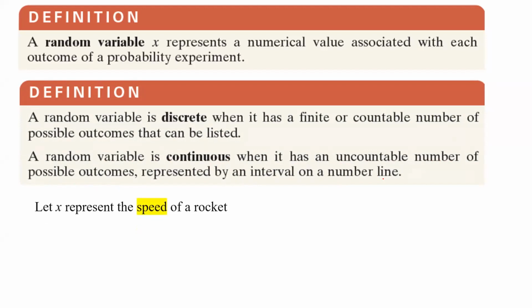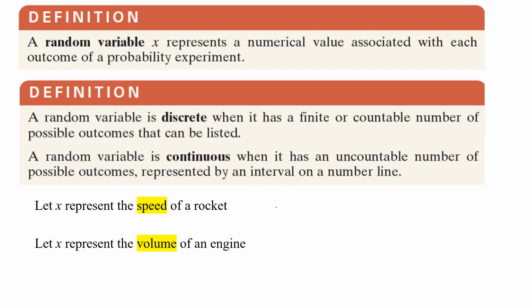Of course, let X represent the speed of a rocket. Of course, you can assign a number to speed, but you cannot count it. It takes numbers on an interval. It has a minimum value, it has a maximum value, and it takes some values in between.